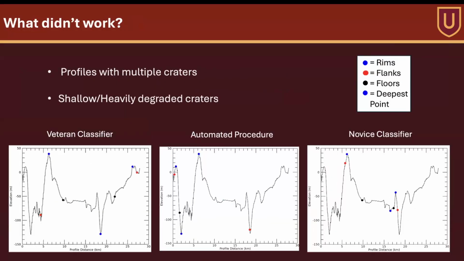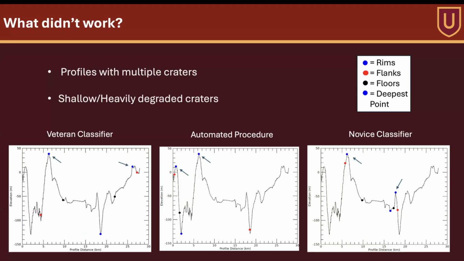Okay, so what didn't work were profiles like this that do not have a standard shape whatsoever. There are sometimes multiple craters in the same profile, heavily degraded. Deepest points are not chosen at the correct spot, even between human counters.